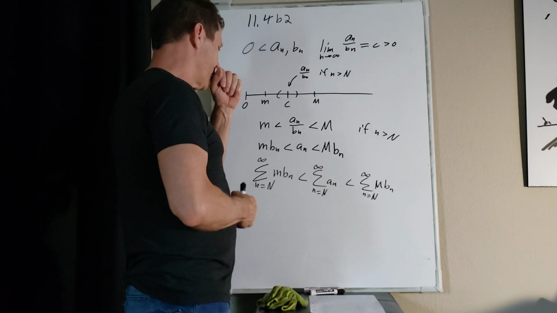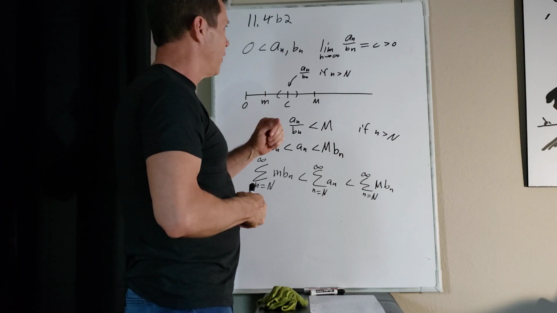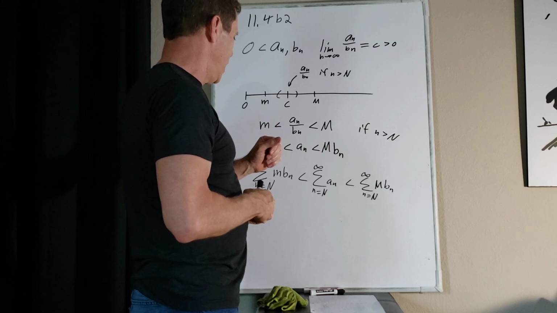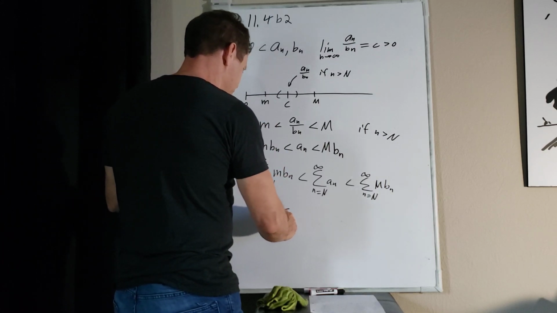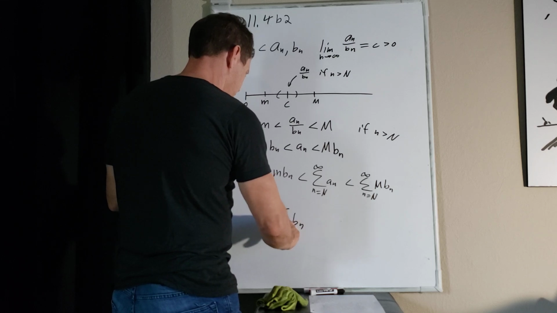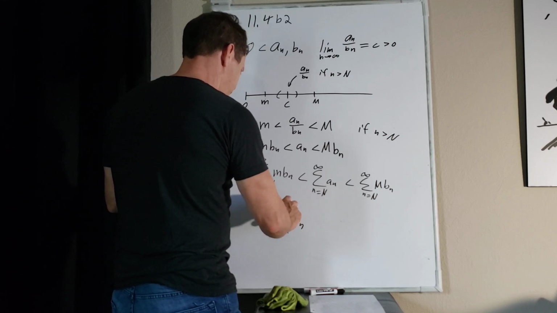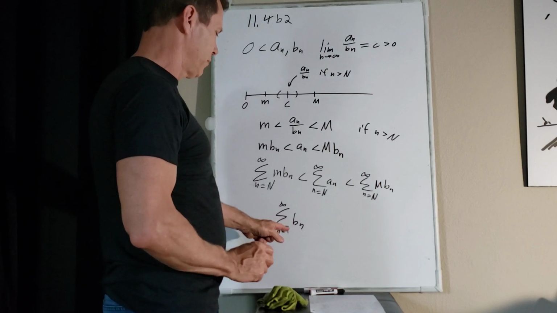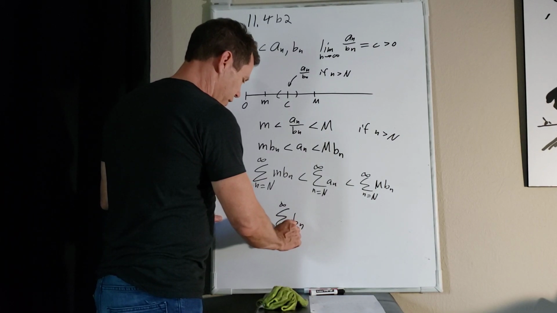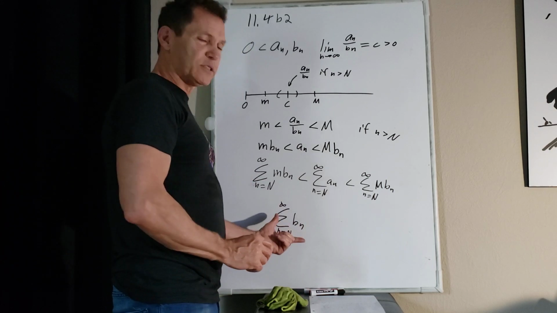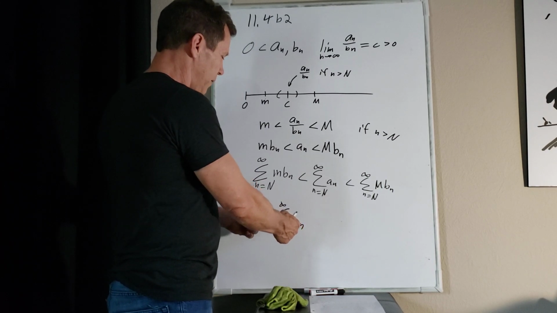Now, looking at that, what if the summation of b_n, n equals 1 to infinity, blows up? Well, that means its tail end has got to be big. So you're going to know that starting at big N, that's going to blow up. So suppose this guy blows up. What happens?